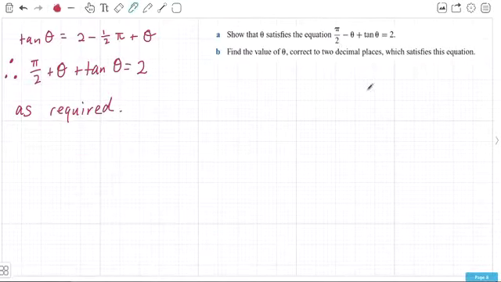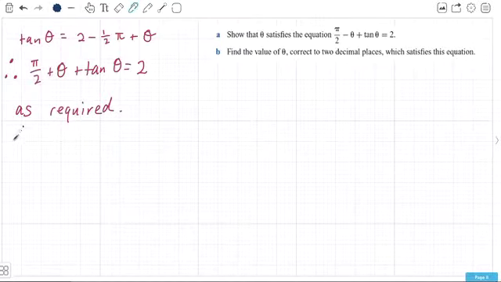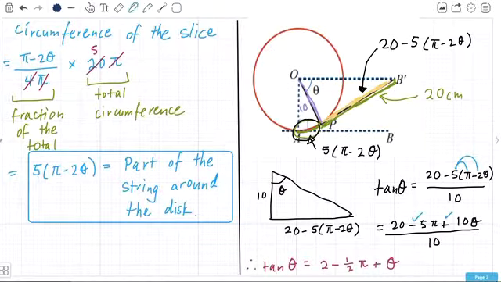The last part, because it says 2 decimals, it's so exciting because it means we're nearly there. So for part B, because it says find the value of theta correct to 2 decimal places, you can use your CAS. So use your CAS for this. It's probably a good idea here to actually look at your picture and estimate. You can see here that theta has to be less than 90 degrees.